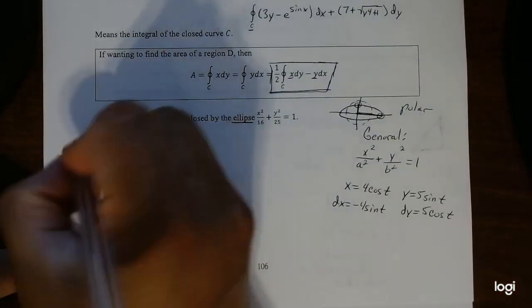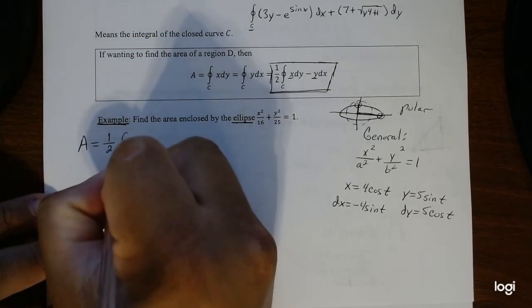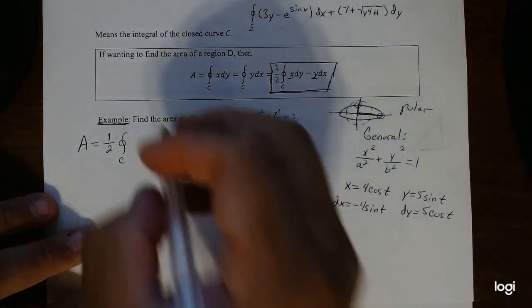So now our area is going to be 1/2 times the line integral, plugging in everything we have accordingly.